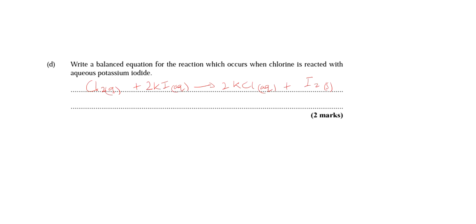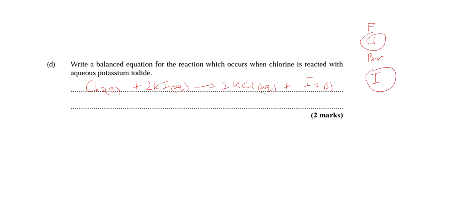This would have been covered in one of the other videos on group 7. We have fluorine, chlorine, bromine, and iodine, and if we take one of the elements that is higher up in the group and react it with one that is lower down in the group, in aqueous solution, a displacement reaction will take place. So we look at where chlorine is and where iodine is.